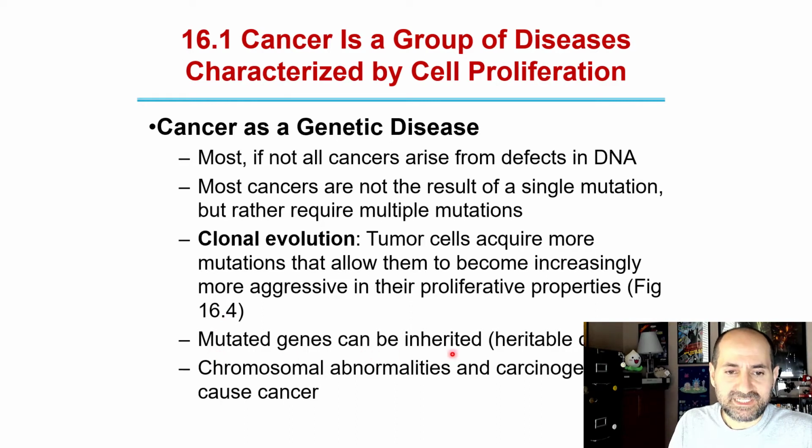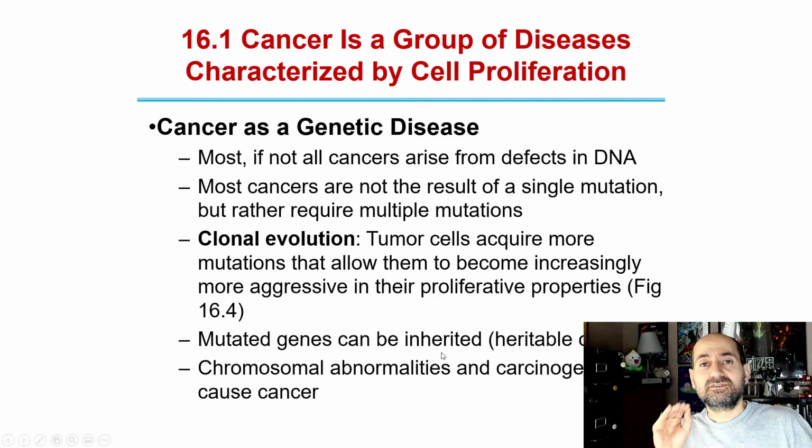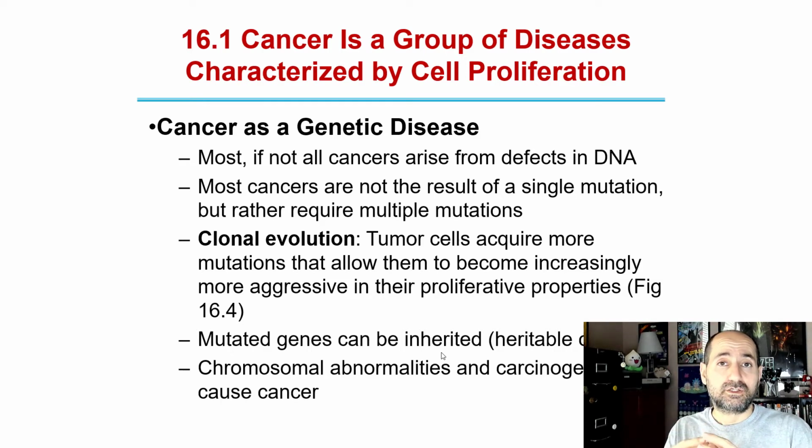Mutated genes can be inherited, heritable cancer. If there is a mutation and that mutation is germline, meaning it's in the germ cells, remember the spermatogonia, the oocytes, and the sperm or the egg contain those mutant checkpoint genes, then you could be prone to cancer.